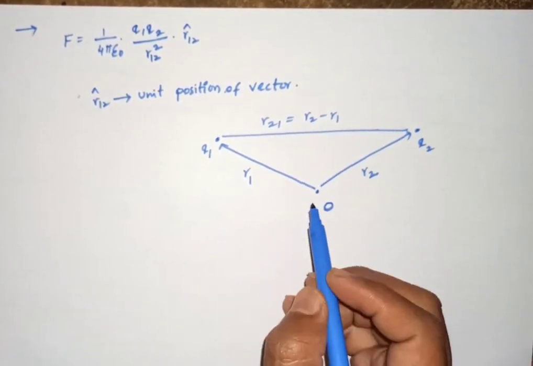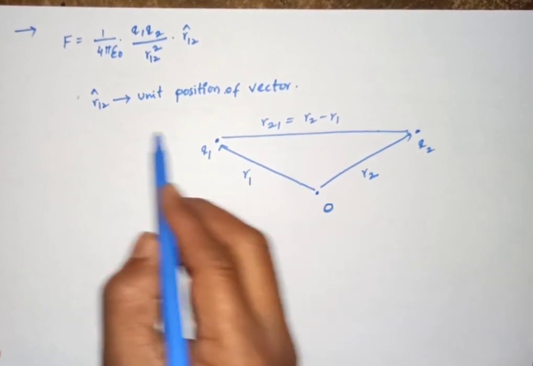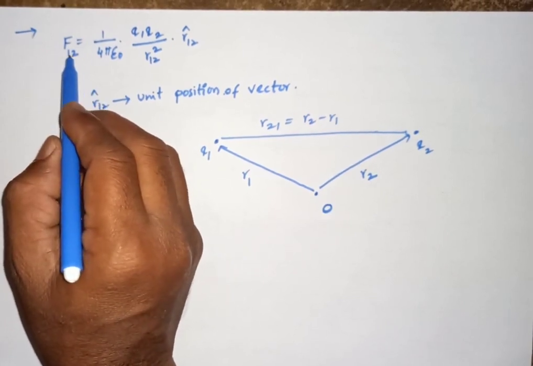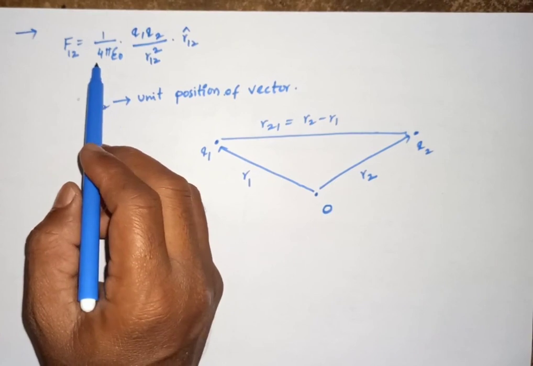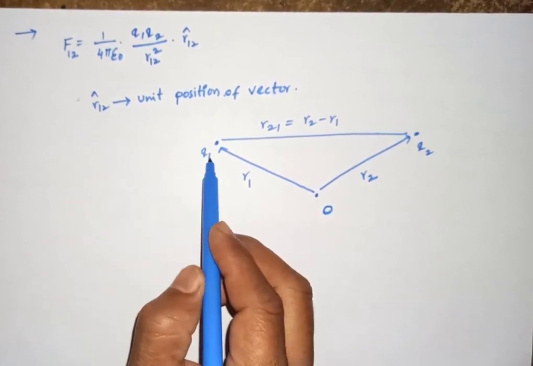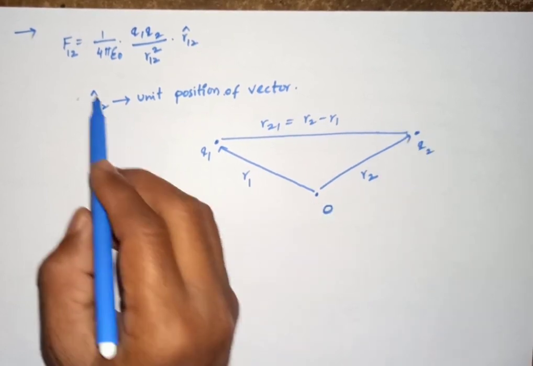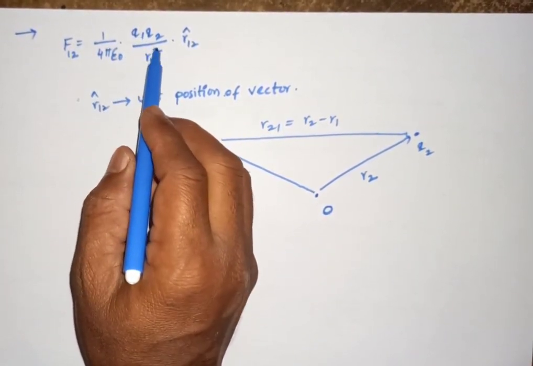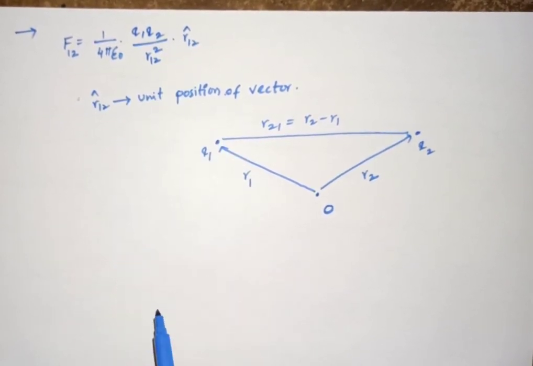The force f12, the force on q1 due to q2, is f12 equals 1 by 4 pi epsilon naught q1 q2 by r12 square into r12 cap.